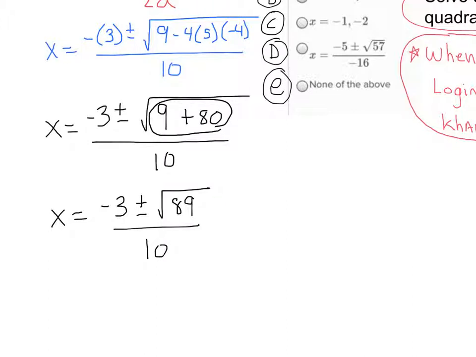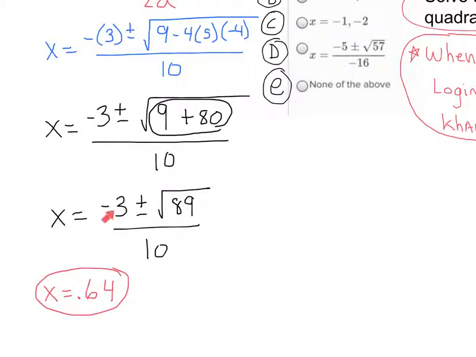Okay, so here's what you'll type in your calculator. Everybody type this. Negative 3 plus the square root of 89, and then press enter. And then divide by 10 and tell me what you get. And so that answer is going to be x equals 0.64.